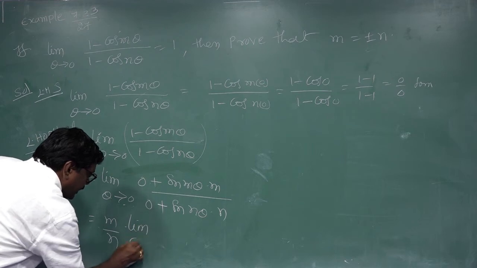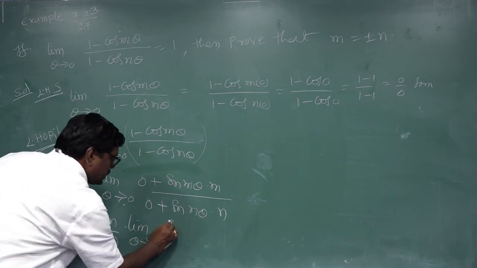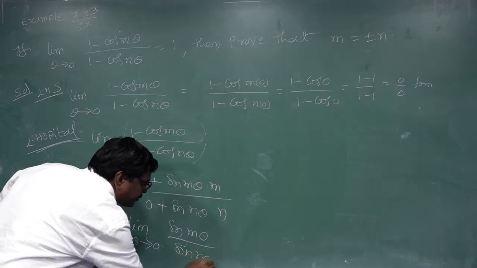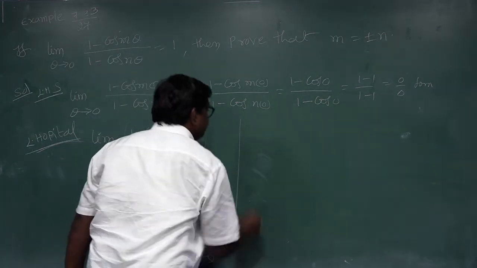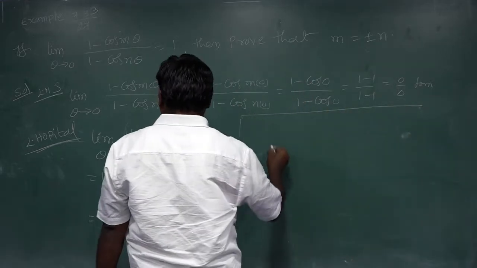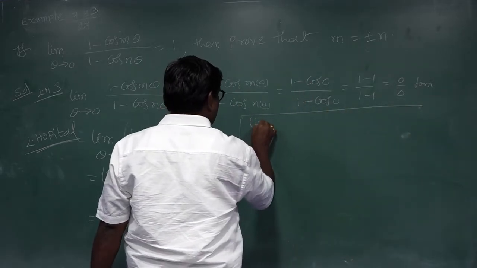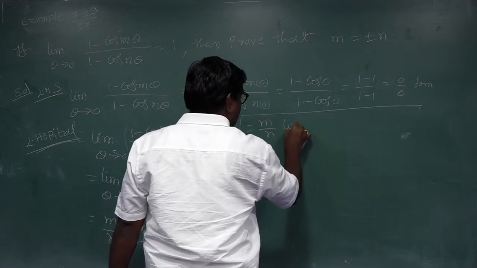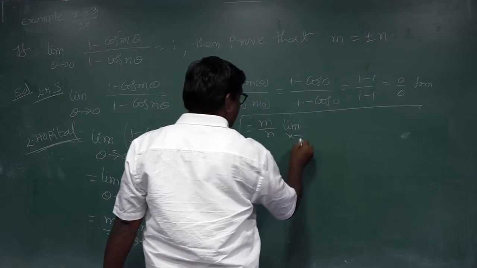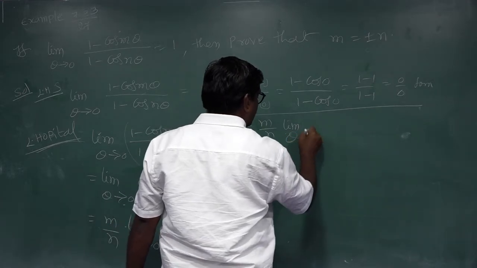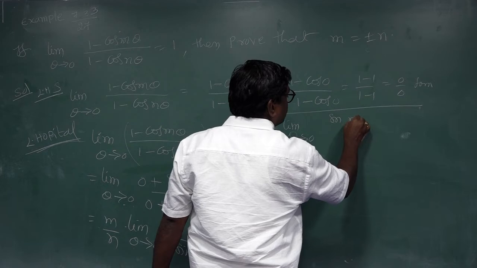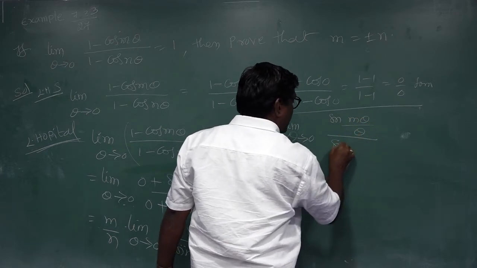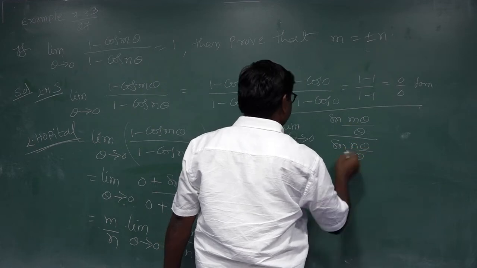Limit theta tends to 0, sin m theta by sin n theta. This equals m by n times the limit theta tends to 0 of sin m theta by theta over sin n theta by theta.